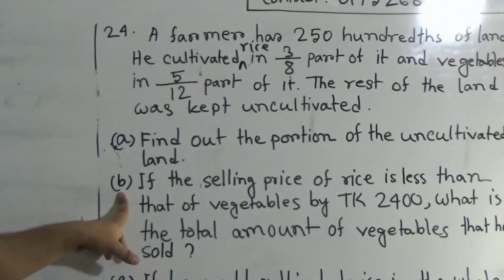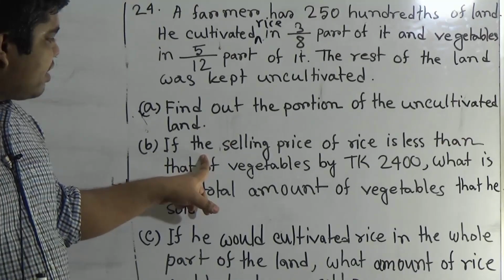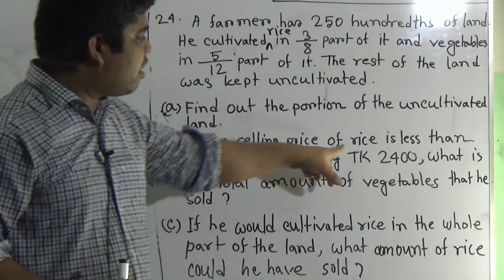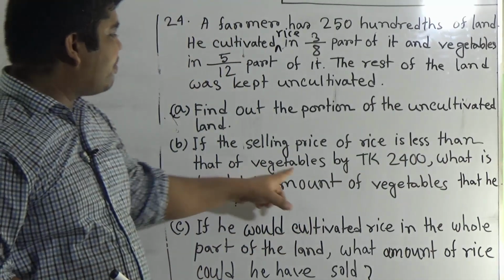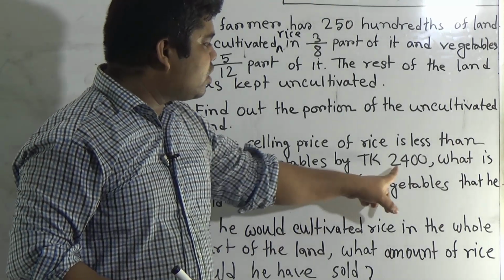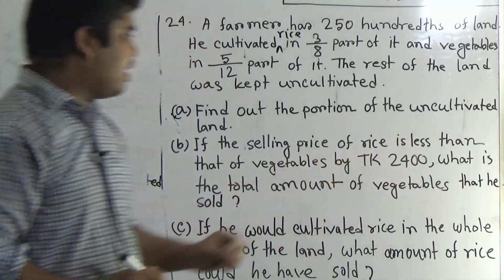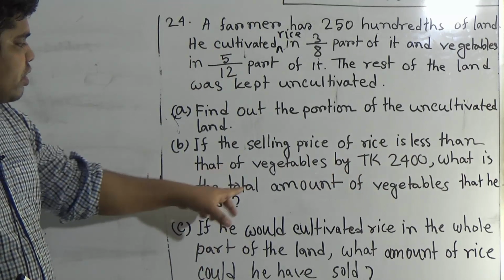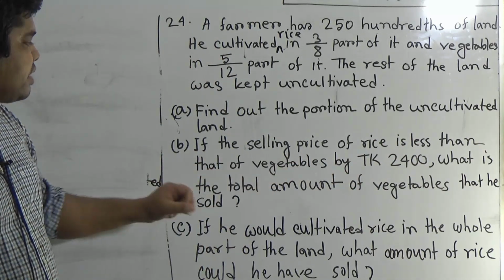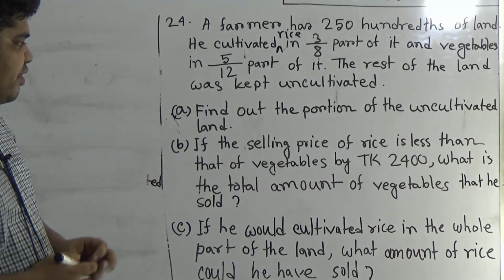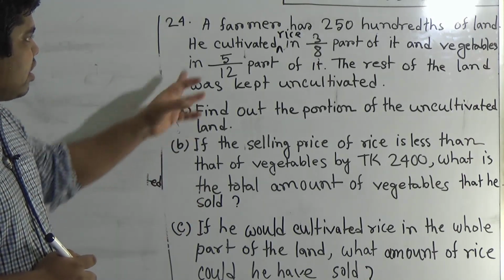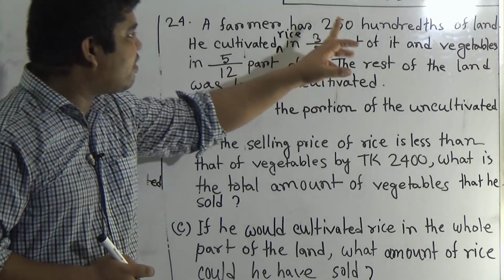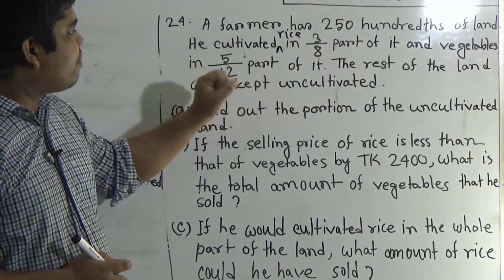My dear students, first read question number B. If the selling price of rice is less than that of vegetables by taka 2400, what is the total amount of vegetables that he sold? So before starting to solve this math, at first we write in how many hundreds of land he cultivated vegetables.